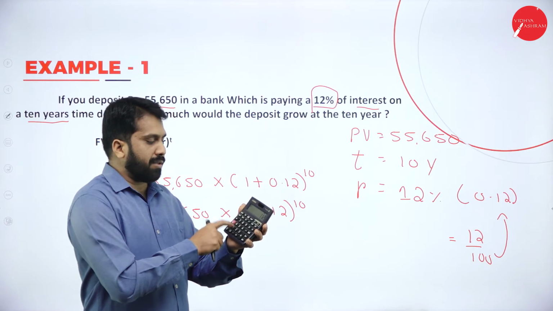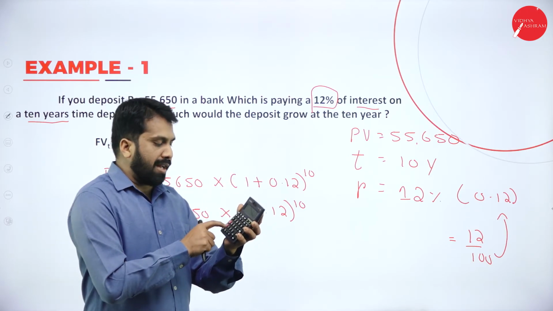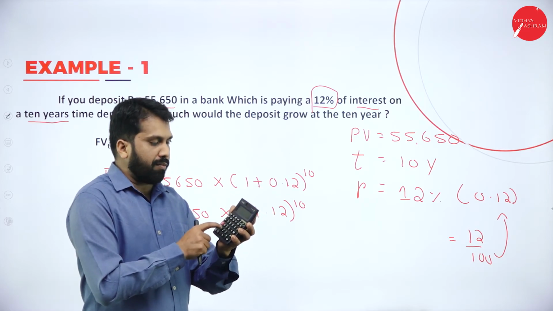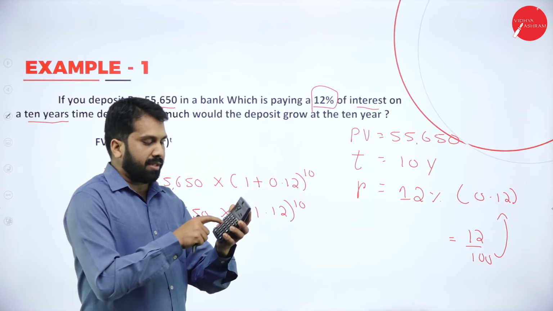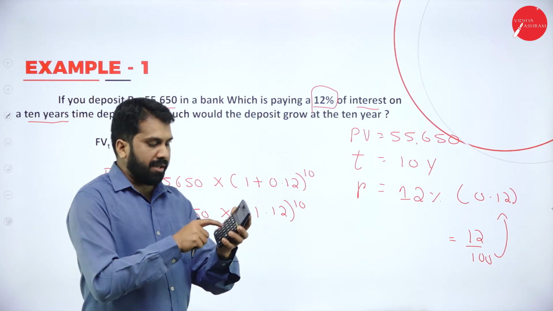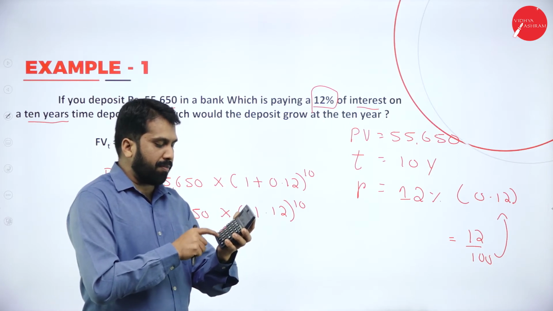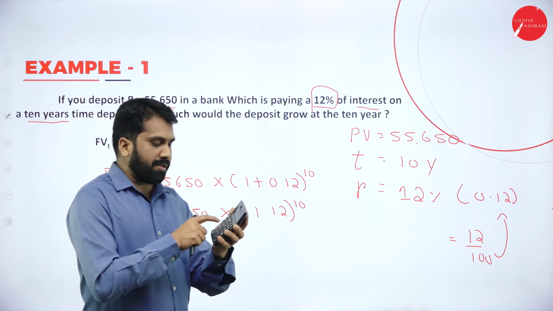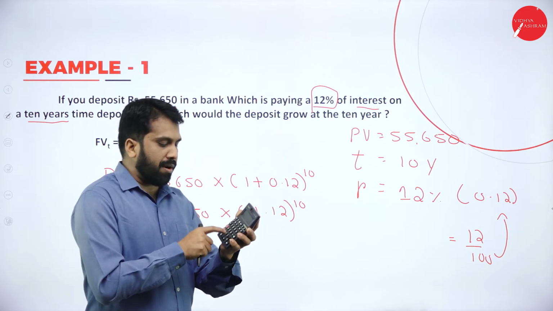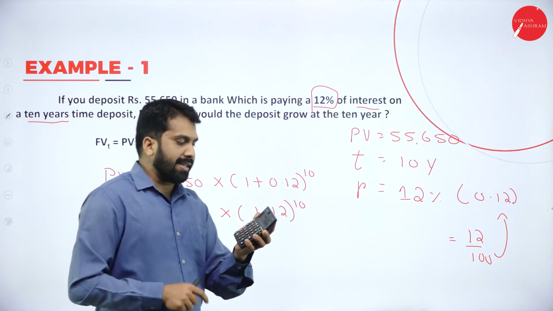1.12 multiplied with 1.12, 2 times over, into 1.12, 3 times over, into 1.12, 4 times, into 1.12, 5 times, into 1.12, 6 times, 7 times, 8 times, 9 times, 10 times.